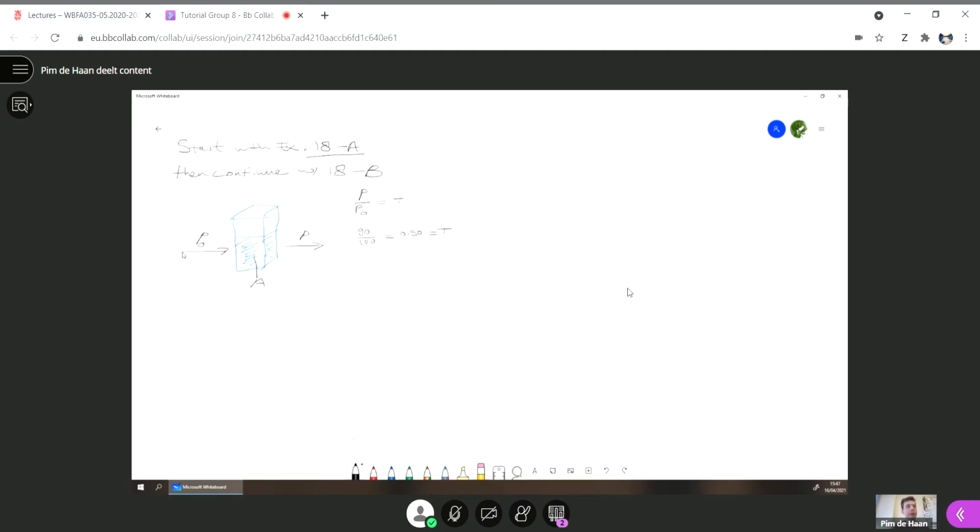Okay, so what do we know in this question? We have 18A, right? We have an absorbance. What value of absorbance corresponds to 45% T? So T equals 45.0%, corresponding to 0.45. All right, what is the equation to turn this into an absorbance value?